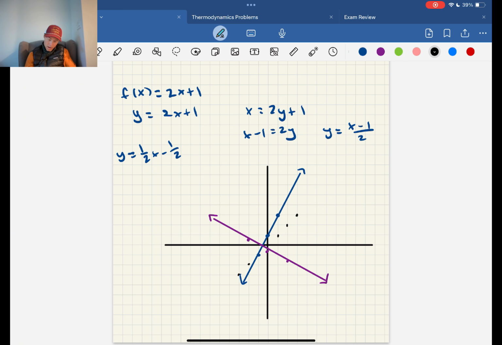So the line y equals x is the line of reflection across which a function and its inverse reflect. So anytime you have a function and its inverse, they're always reflections of each other across the line y equals x. And that's why the domain and the range are flipped, because of that fact right there.